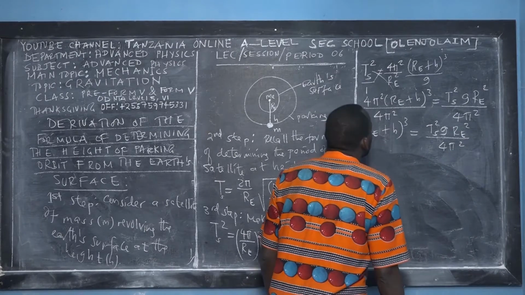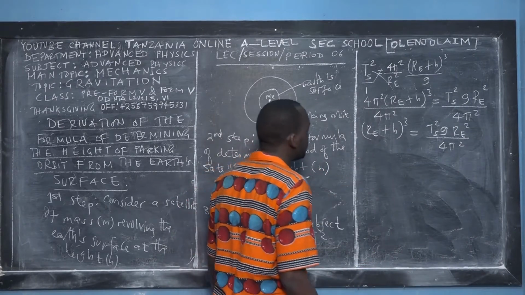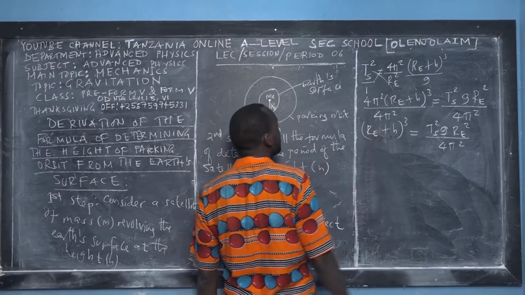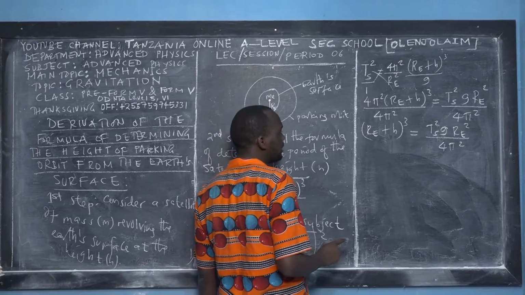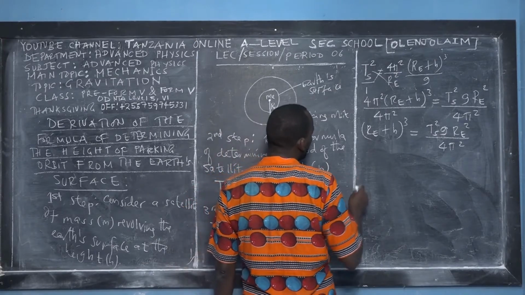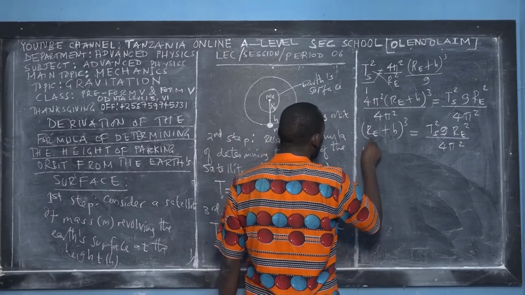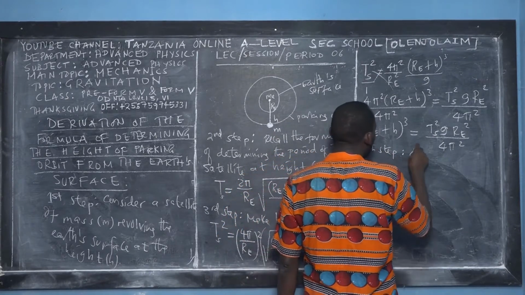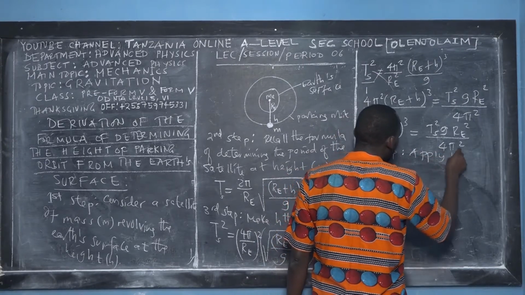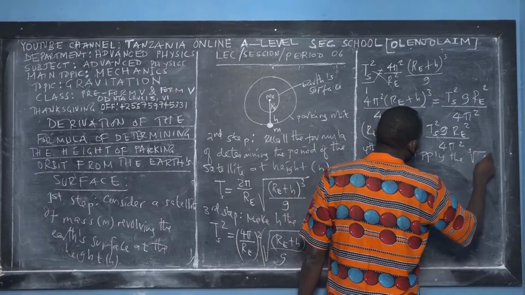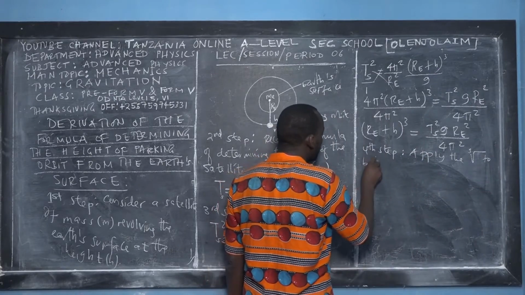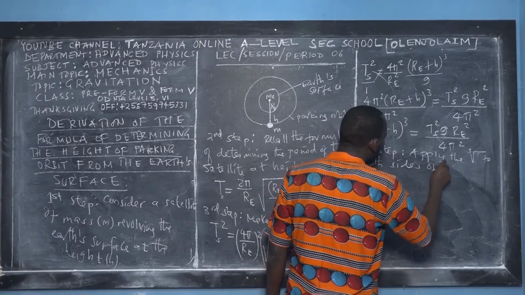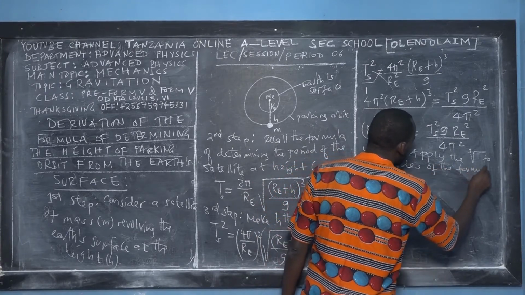So to get the radius of the Earth plus h to the power 1, we have to find the cube root of the left-hand side. So the first step is to apply the cube root to both sides of the formula that we are deriving.